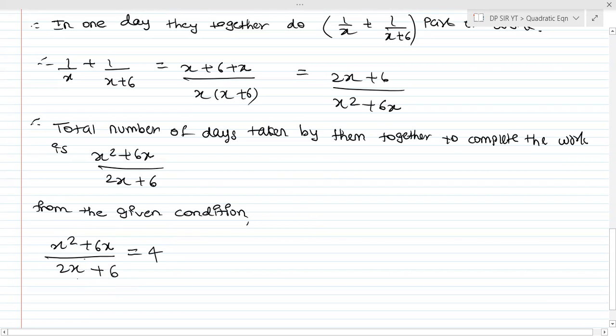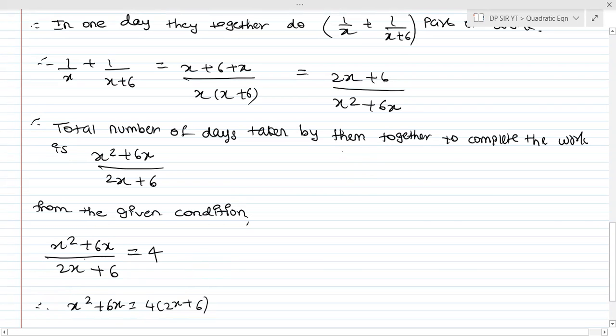Therefore, x square plus 6x is equal to 4, वो 2x plus 6 इधर आ जाएगा. Now you are going towards the forming of quadratic equation. Okay.